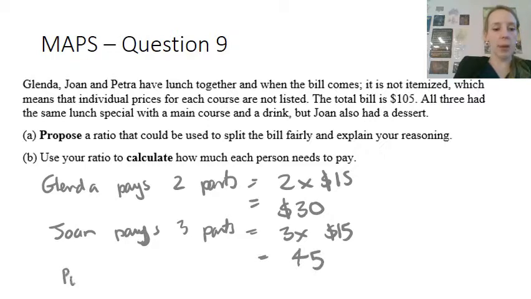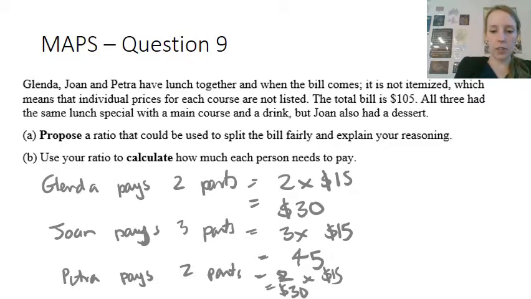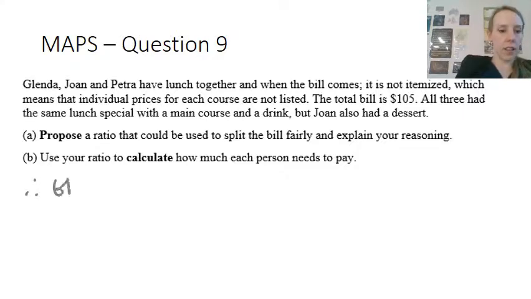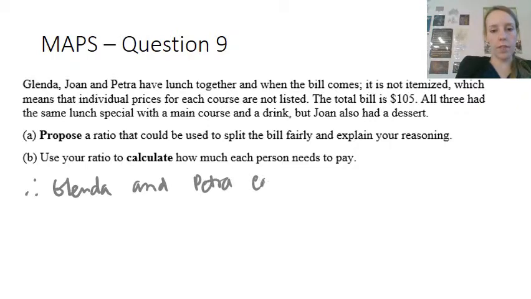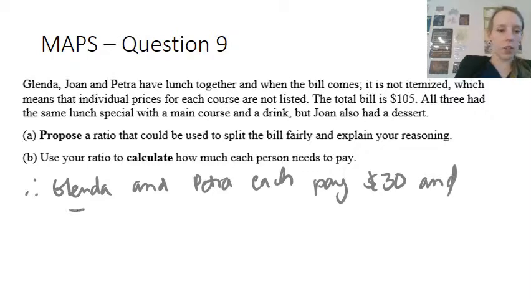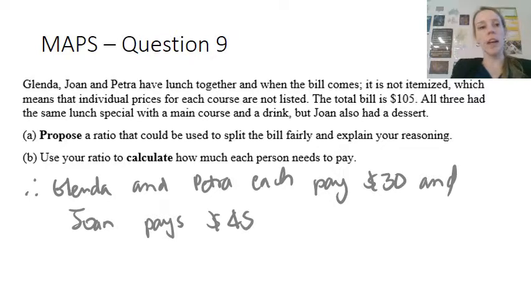And lucky last Petra, she pays 2 parts as well. So again, that's 2 times 15, and that's $30. Then you'd write a worded answer. Therefore, Glenda and Petra each pay $30, and Joan pays $45. It's as simple as that.